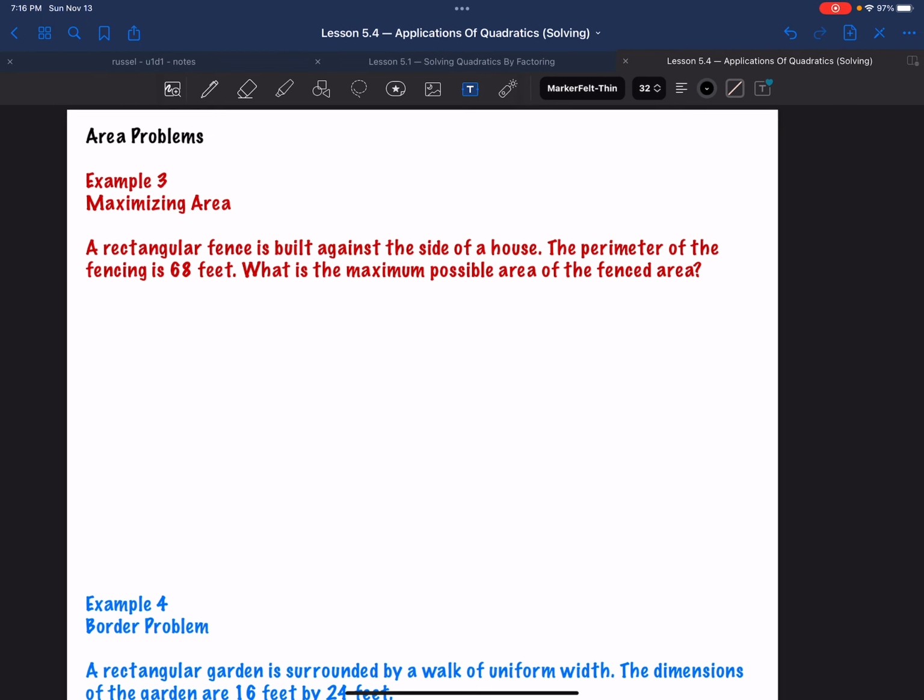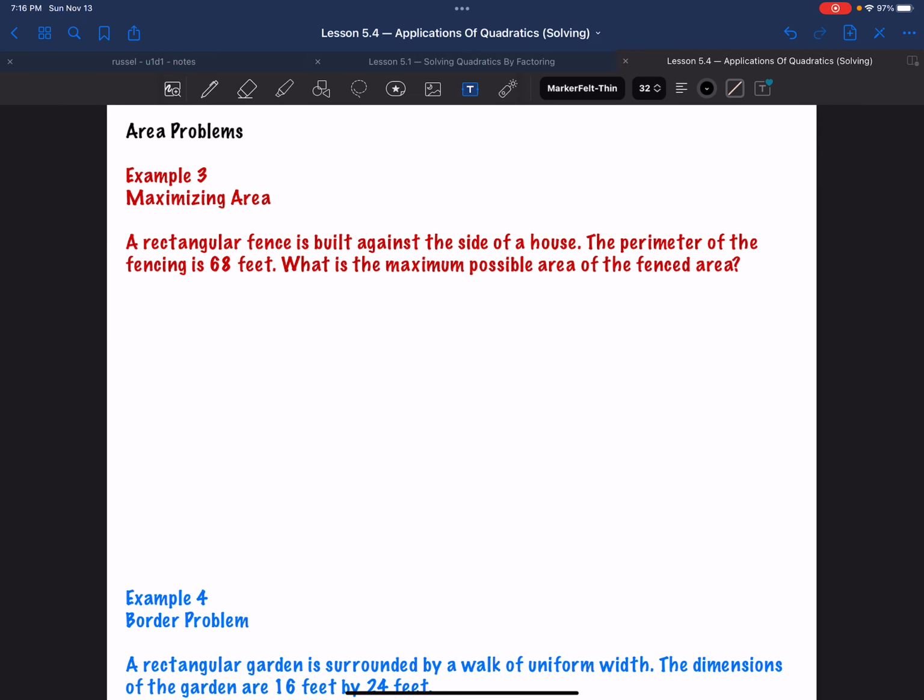I'm going to do 3 examples in this video. The first 2 are going to be over area, and then the third example is going to be over a system of a quadratic and linear. So you have 2 lines meeting. Okay. So here's the first one, and this one is classic.